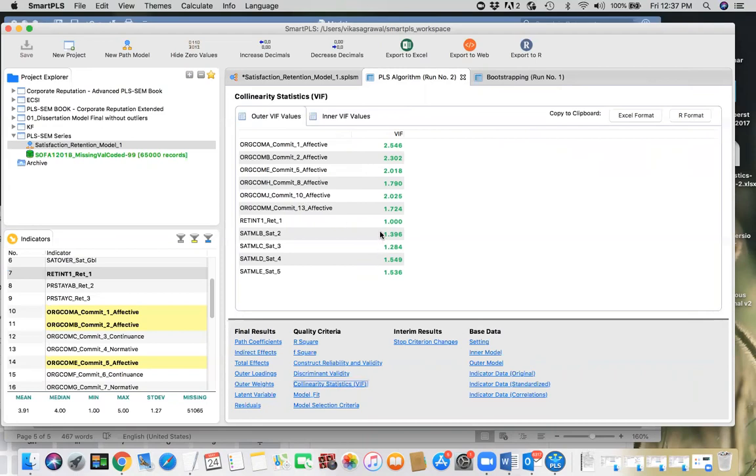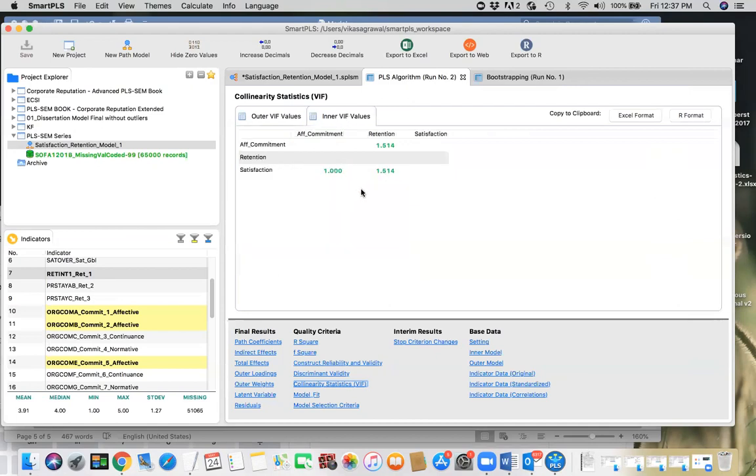And all our constructs are measured using reflective measurement. So when it comes to reflective measurement, we do expect high VIFs, greater than 0.5. Here it's not there anyway, but we don't need to look at it right now unless we have formatively measured constructs. We have reflectively measured constructs.